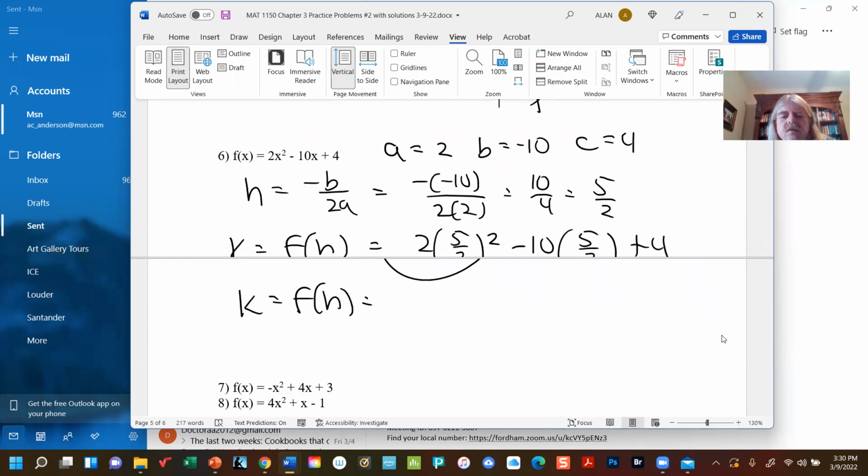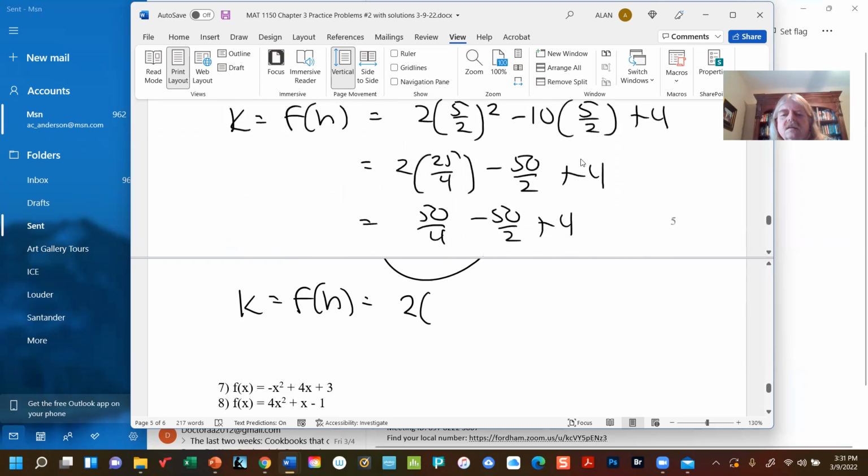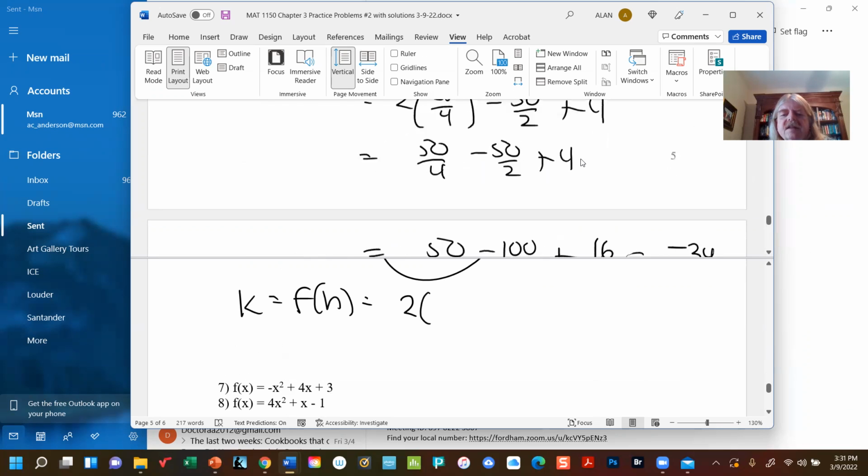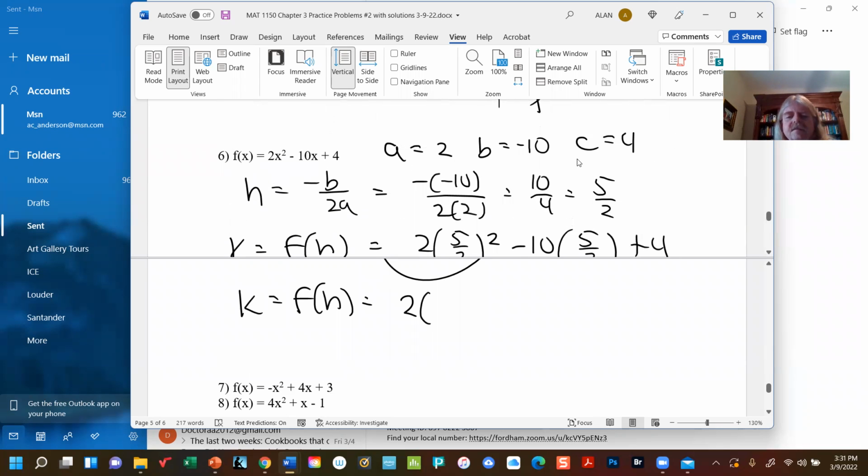We're going to have 2 times minus 17/2 squared minus 10 times minus 17/2 plus 4. All right, well, this will be no fun, but we'll get it.